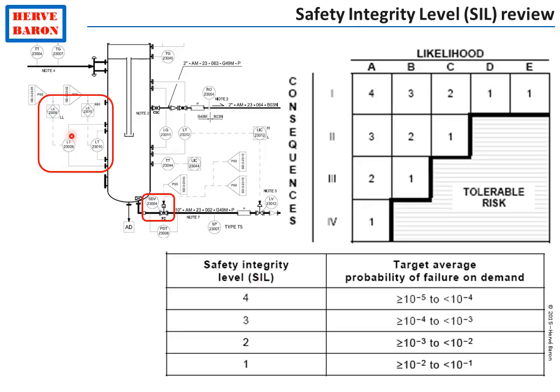If the safety instrumented function is specified a SIL rating, then it will be subject in a second step to a thorough review of the type of equipment, such as the sensor, the controllers, and the final element, and their probability of failure, so that the overall loop, the overall instrumented safeguard, provides the adequate probability of failure on demand. This is called the SIL review.